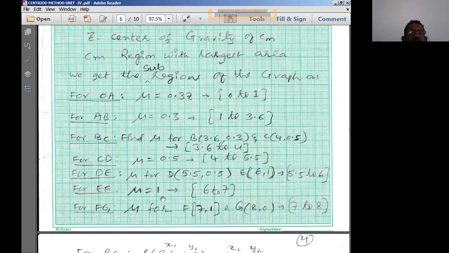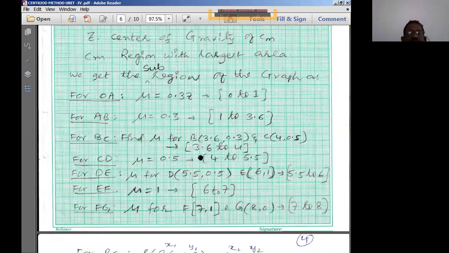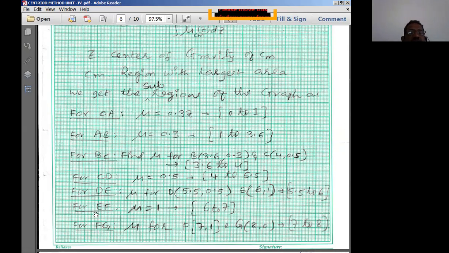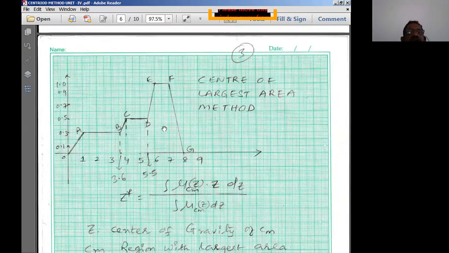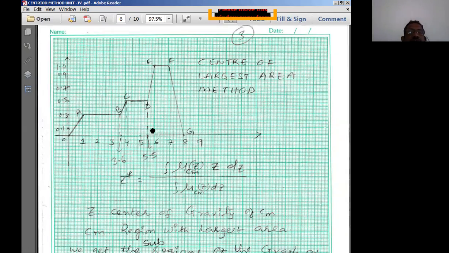Same thing, we're going to write it here for DE, and this DE is extending between 5.5 to 6. Then for EF, it is once again constant, equal to 1. So EF is equal to 1 constant, extending between limits 6 to 7.